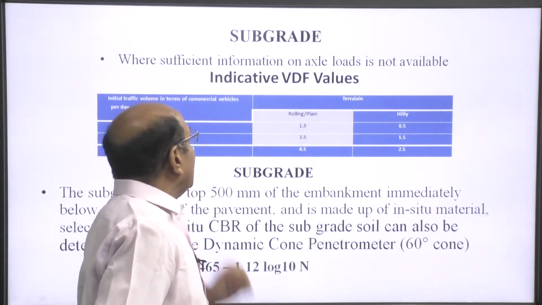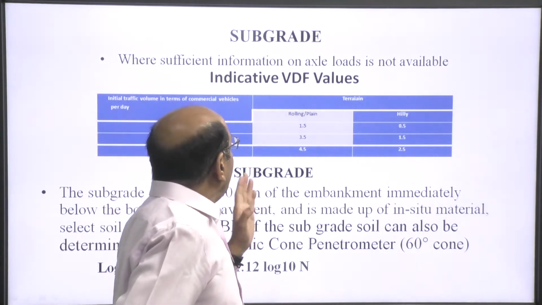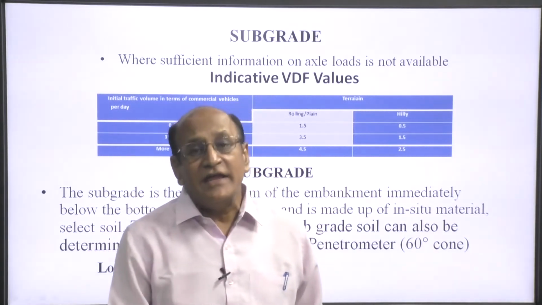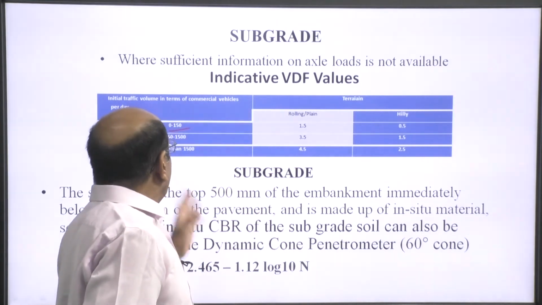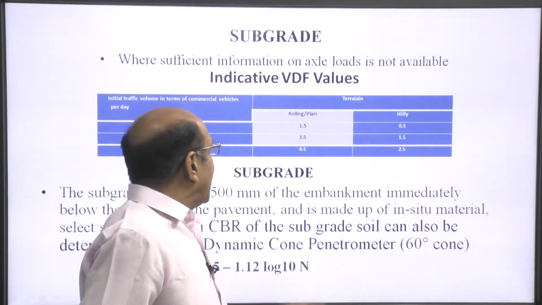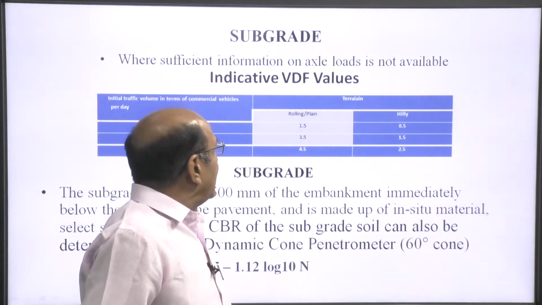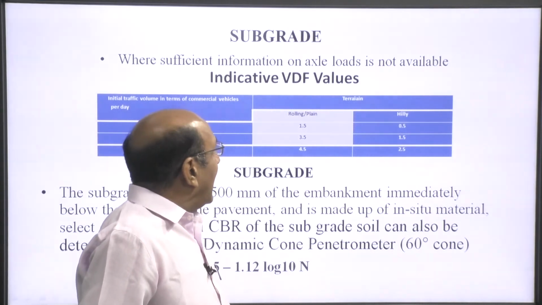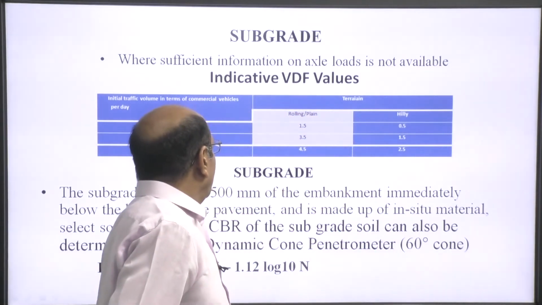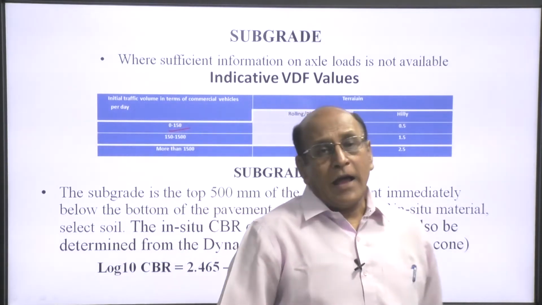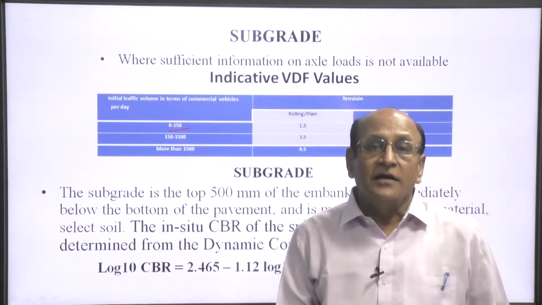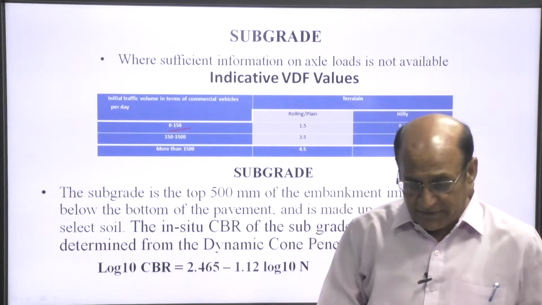Between 150 to 1500, the VDF will be 3.5 in rolling and plain areas and 1.5 in hilly regions. And if commercial vehicles are more than 1500, then the VDF will be taken as 4.5 in plain or rolling areas and 2.5 in hilly regions. So, in the absence of data, we can use these values given by the IRC in IRC 37.